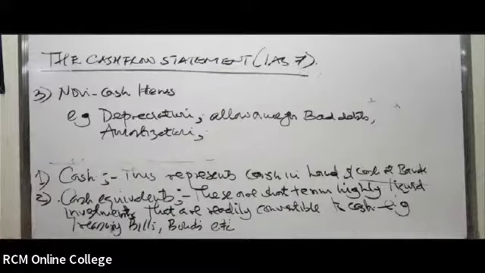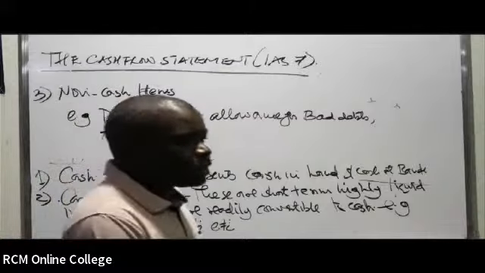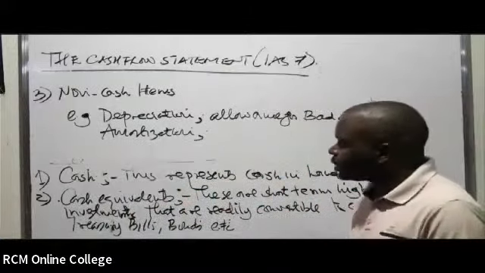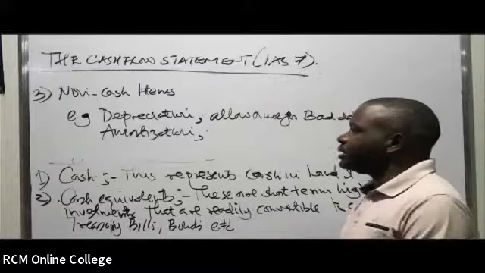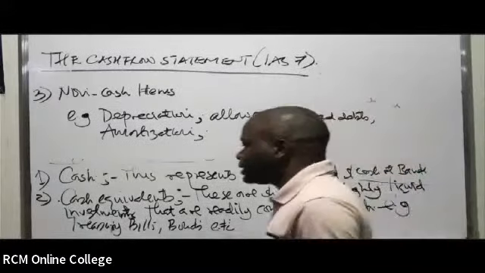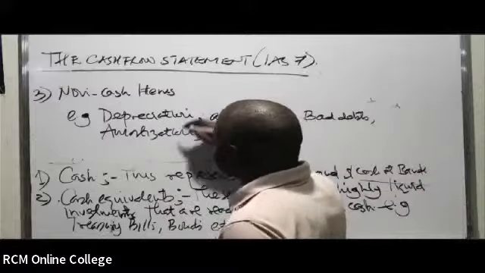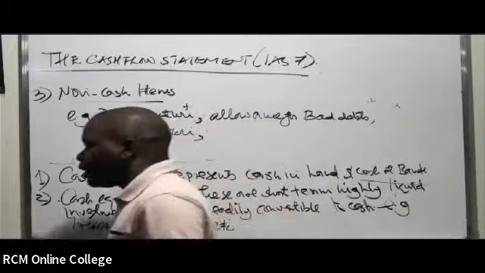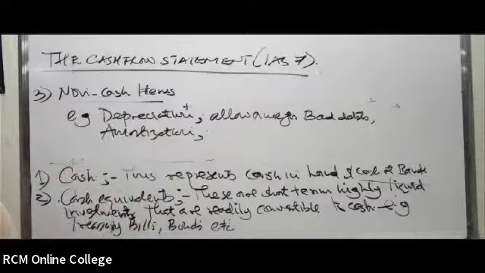If it's electricity, you've paid Kenya Power, money has gone out. But when you recognize another expense in the income statement like depreciation, there's no money that you pay. It's just a loss of value of an asset that you recognize as an expense. It is a non-cash item. It doesn't involve a real outflow of cash or you having to pay out money. So there's a way we treat them in the cash flow statement.